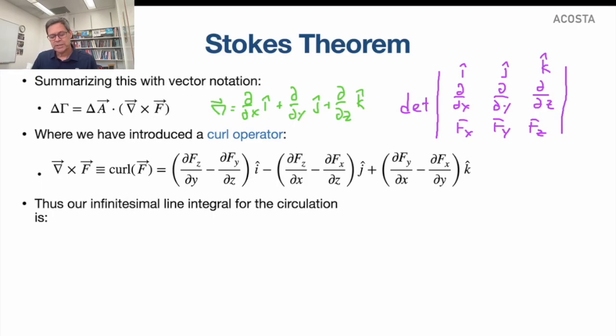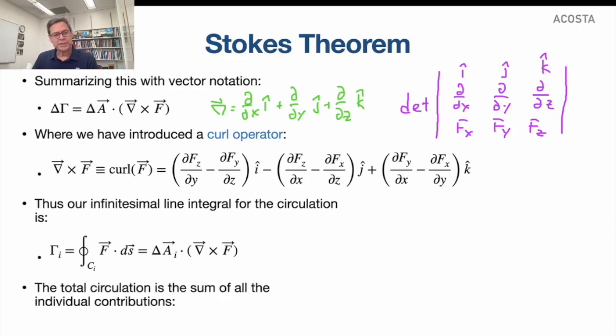So our infinitesimal line integral for the circulation, which remember was a closed line integral, so one-dimensional, of my vector field F dot ds around that path, can be thought of as the infinitesimal area vector dA_i dotted with the i-th element of del cross F, the curl of F, for the overall surface.